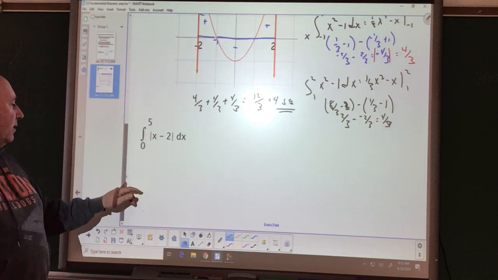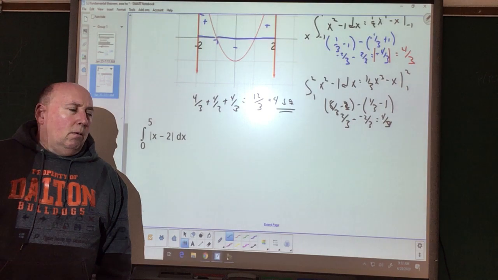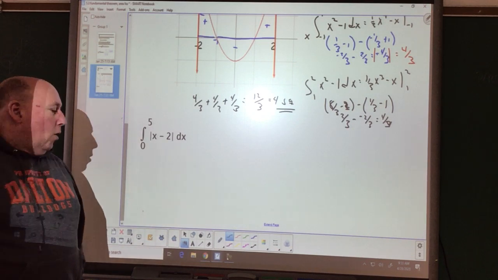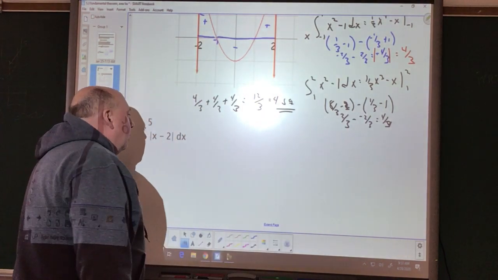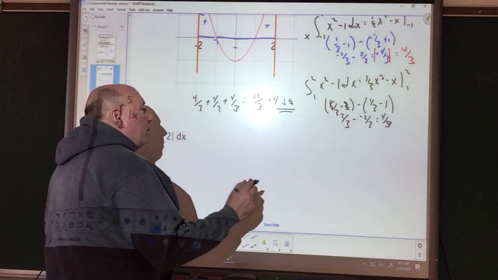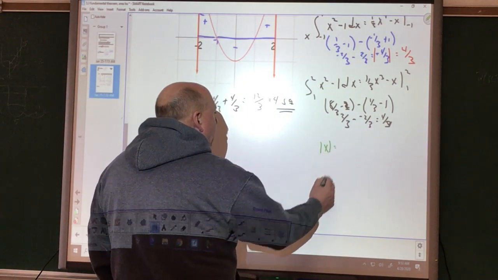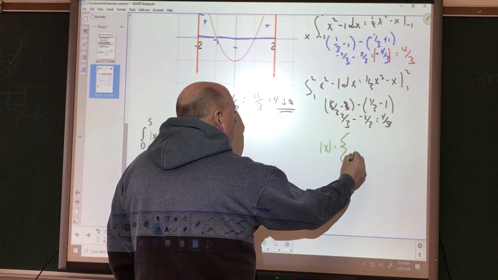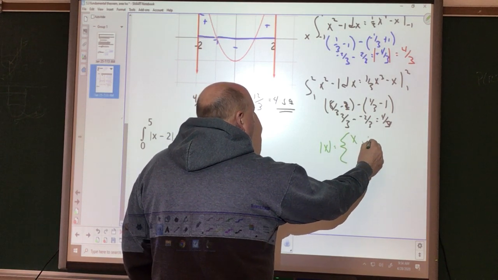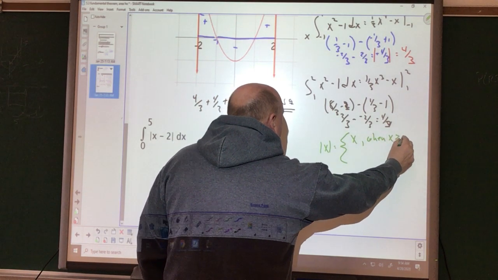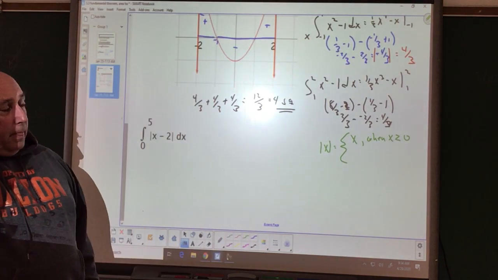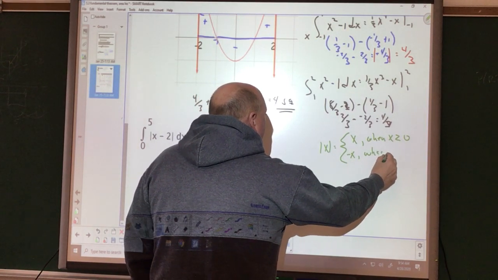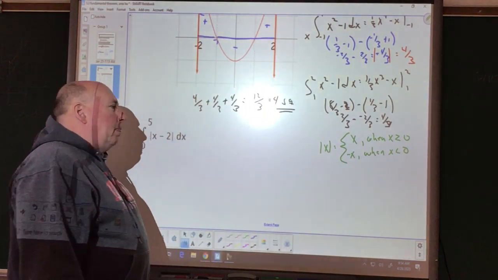Another idea we have to take a look at is the absolute value. How do I eliminate an absolute value to take my antiderivative? Going back to our definition of an absolute value: the absolute value of x is equal to x when x is greater than or equal to 0. It is equal to -x when x is less than the value of 0.